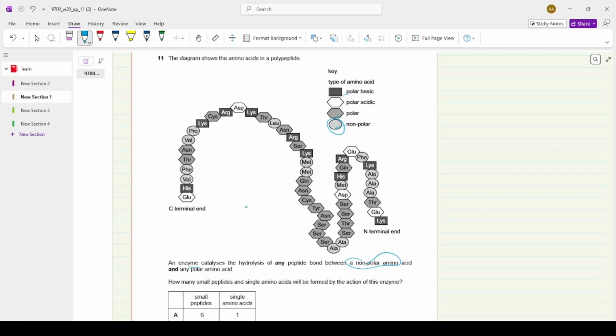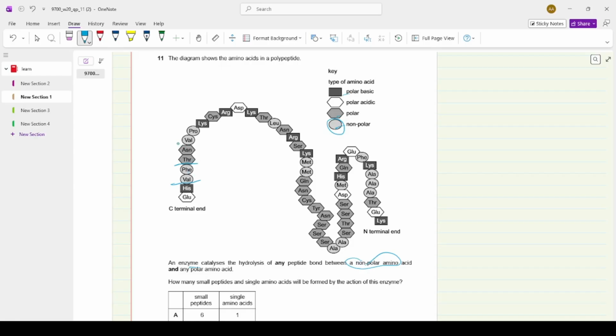So they are saying that this enzyme is able to break bonds between non-polar and anything else that is surrounding. So the first cut will be between histidine and valine. Another cut will be between phenylalanine and threonine, because it is between non-polar and polar.